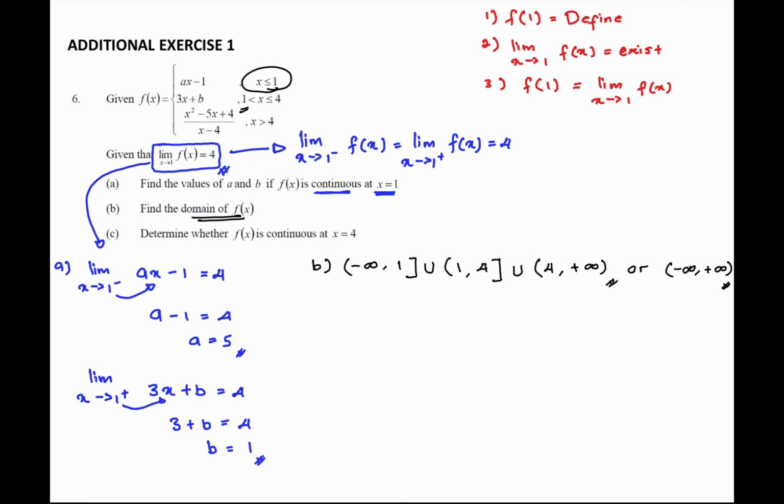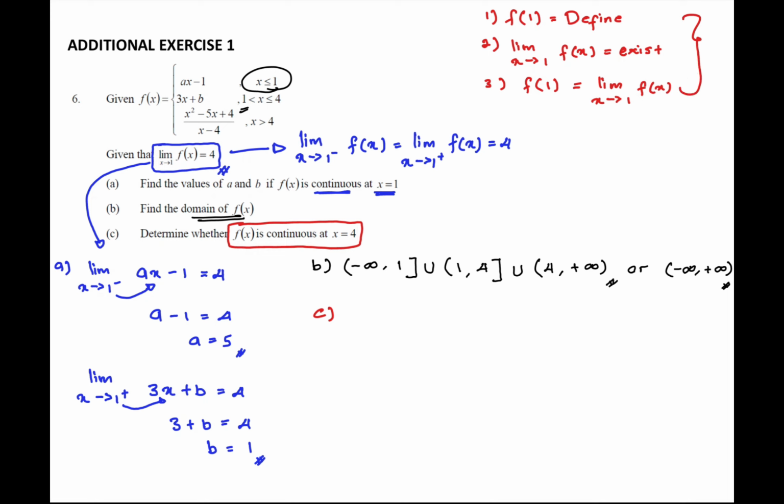Now for question C. Determine whether f(x) is continuous at x equal to 4. So you want to identify whether f(x) is continuous or not at x equal to 4. In order to check the continuity, you must fulfill all three conditions.